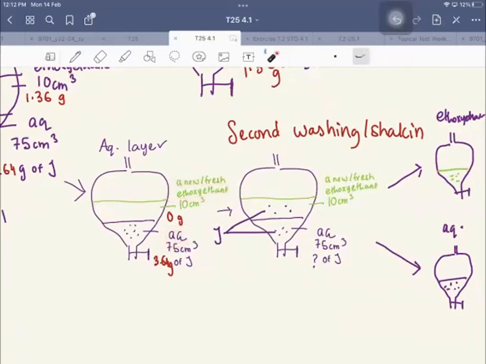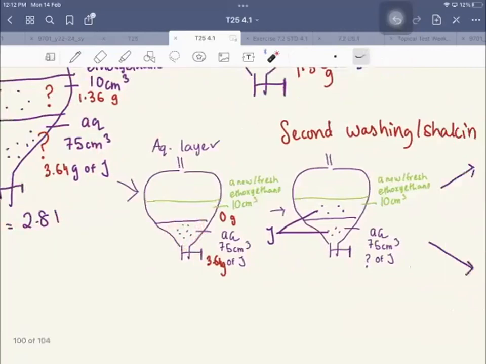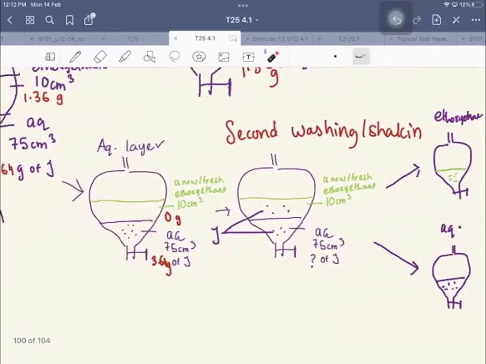Initially there's no J in my ethoxyethane layer, and there's 3.64 grams of J in my aqueous layer. That's from the calculation of the first part. Then I shake it. Of course, after shaking, some of my solute J have moved to the ethoxyethane layer.